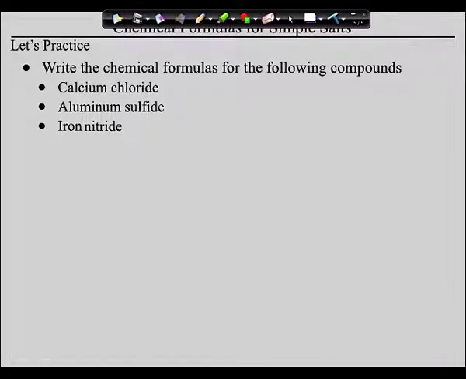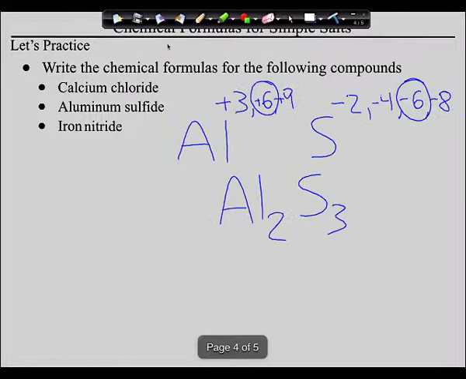So guys, now we're going to do iron nitride. And you know what? Maybe I should do this, guys. Yeah, hold on. Let's go back for a second because this is worth mentioning. We've gone back to the aluminum sulfide. Guys, you don't necessarily have to write out the multiples.